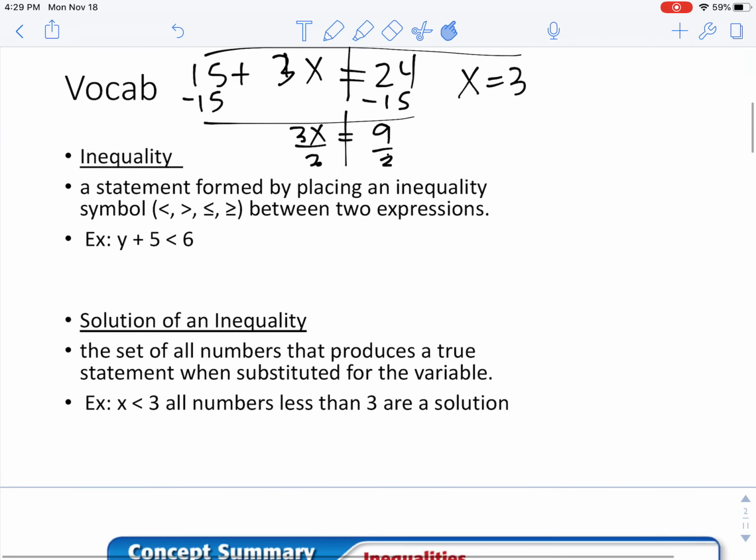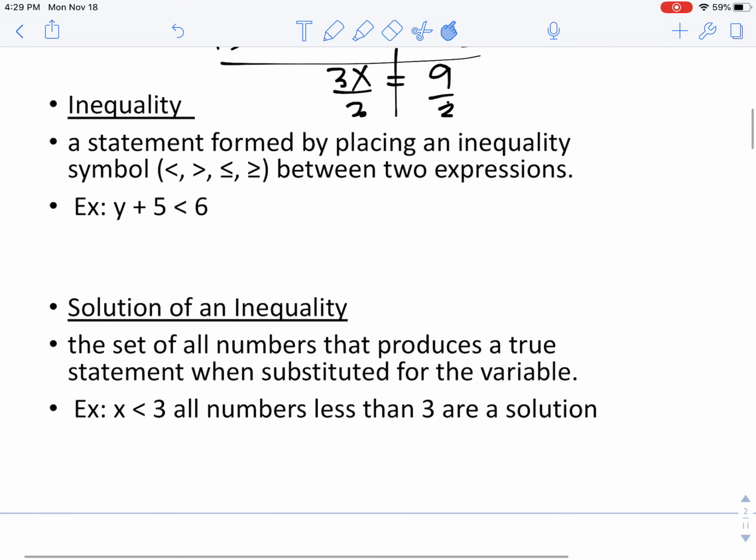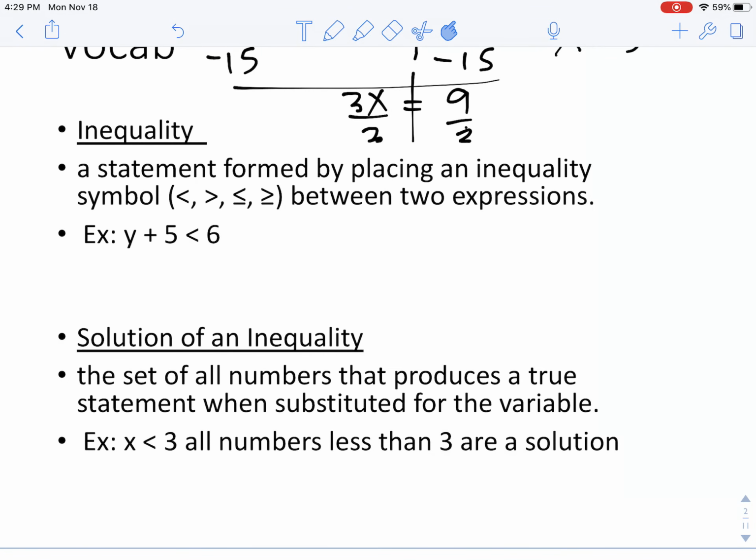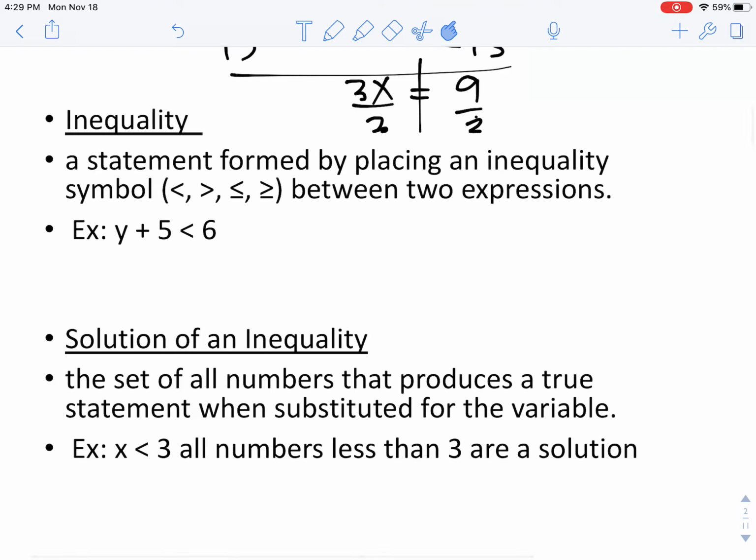All right, some vocab. You should pause this and write it down after I explain. An inequality is a statement formed by placing an inequality symbol, so less than, greater than, less than or equal to, or greater than or equal to, between two expressions. So, for example, you would read this as y plus 5 is less than 6.